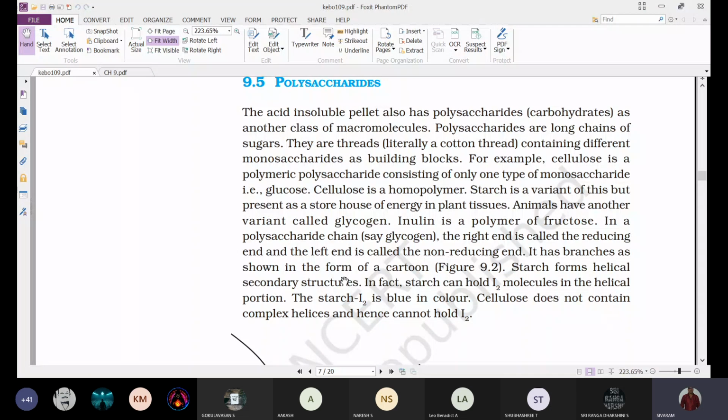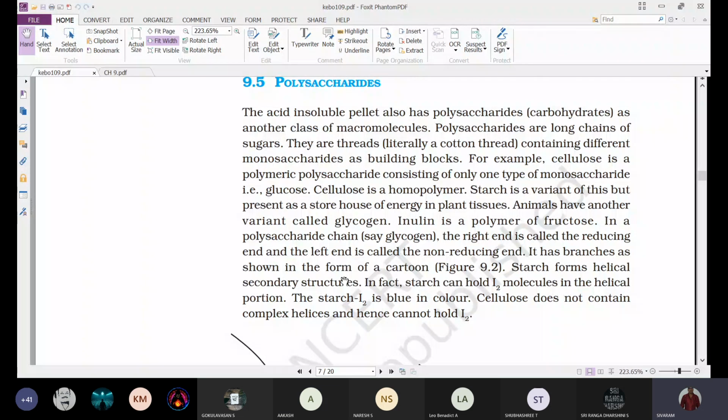There are different types of polysaccharides. For example, if you are eating potato, what is present in the potato as the storage form? In plants, in which form is the food stored?